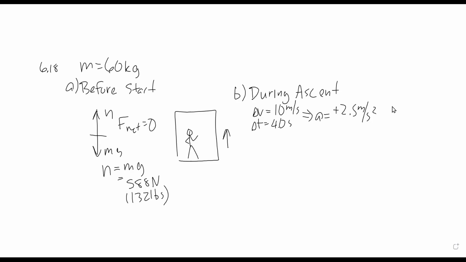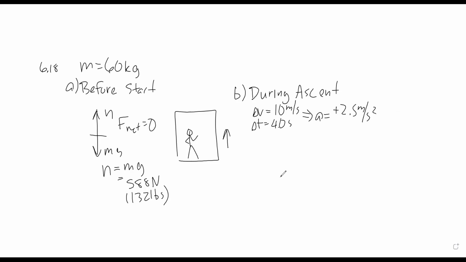A 60 kilogram passenger goes aboard on the ground floor of the skyscraper. So in returning to this problem, we've got that the acceleration is plus 2.5 meters per second squared because they're accelerating upward. So they feel pushed down.